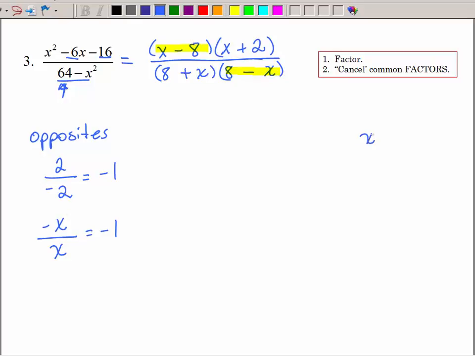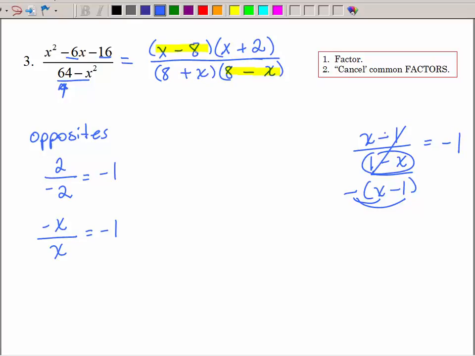So if I have x minus 1, the opposite of that one, remember, is 1 minus x. We did that in a previous video. And the reason why that's the opposite is that you could rewrite this as negative x minus 1. If you distribute that, you would get this. And so if you reduce those opposites, you get negative 1.